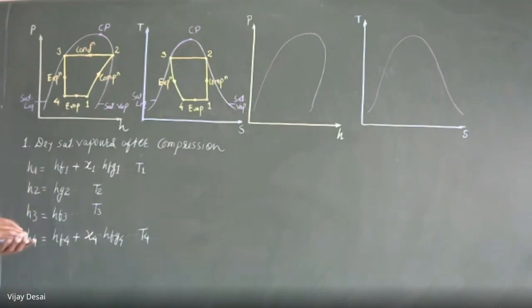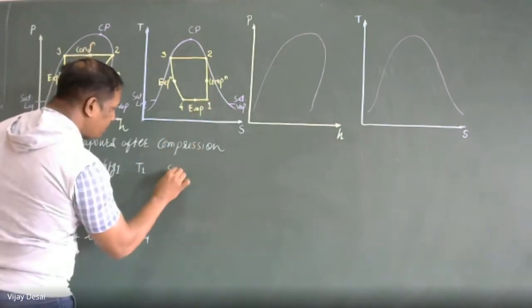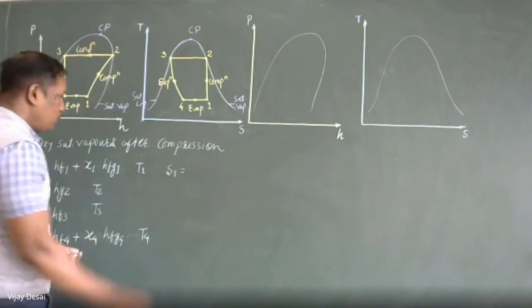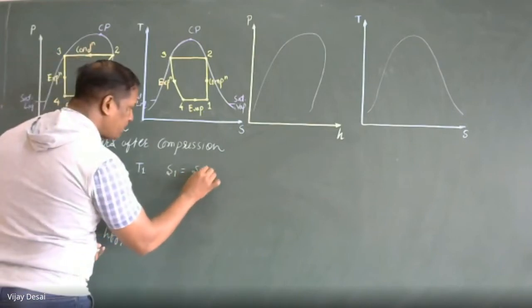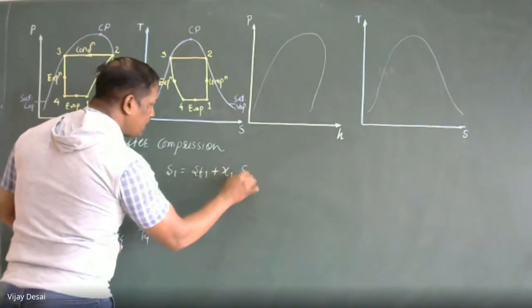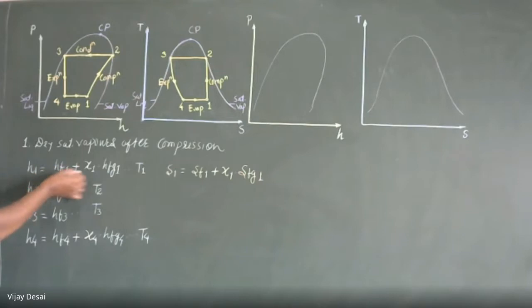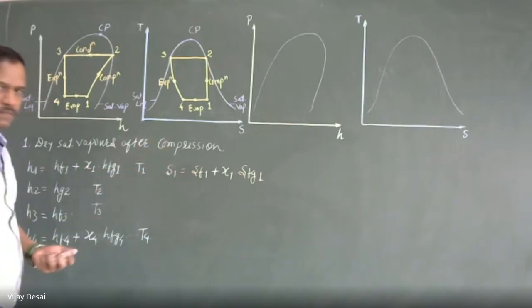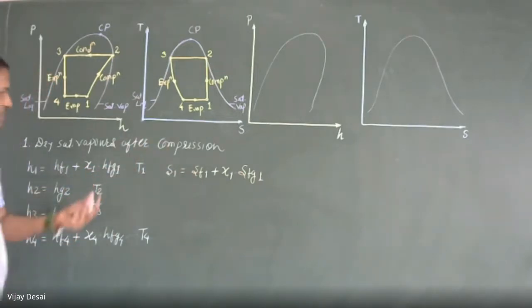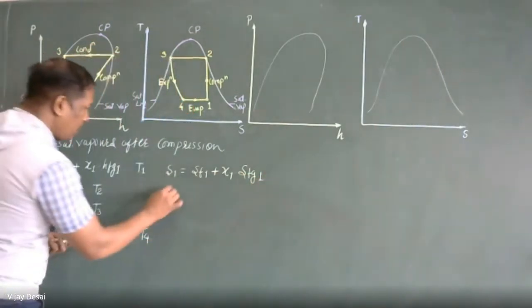Similarly, if I am trying for entropy, so entropy at 1, S1, will be SF1 plus X1 into SFG1. Simply we are replacing H by S, so the formula remains the same. No doubt it will be calculated at T1 temperature.